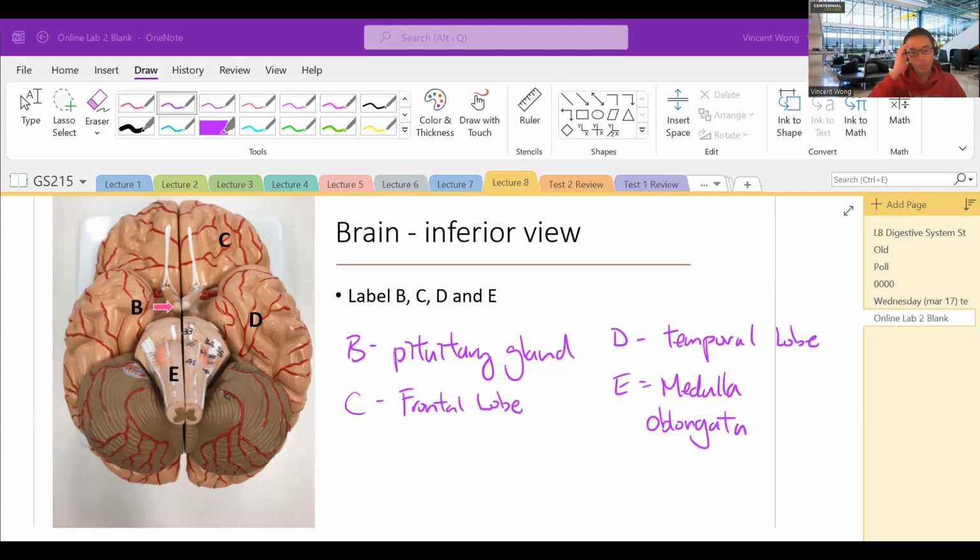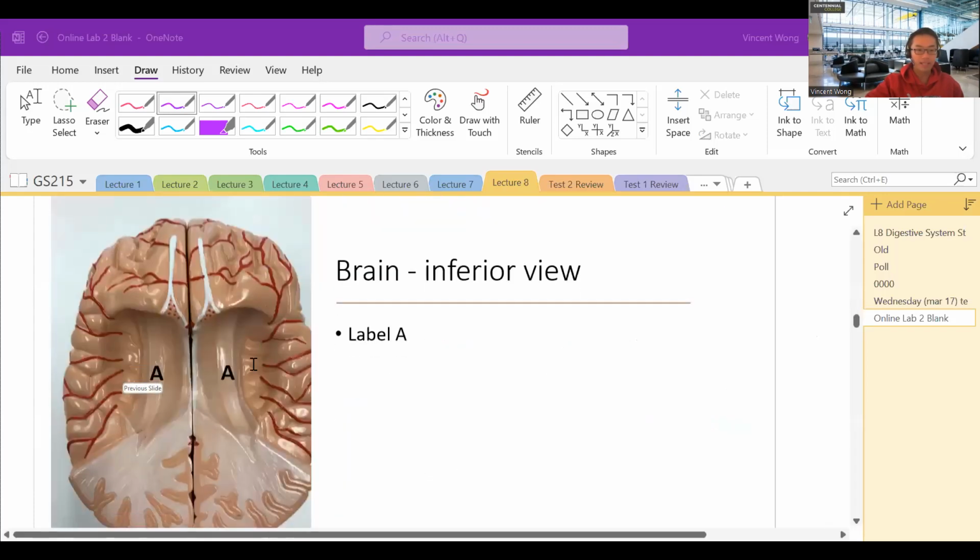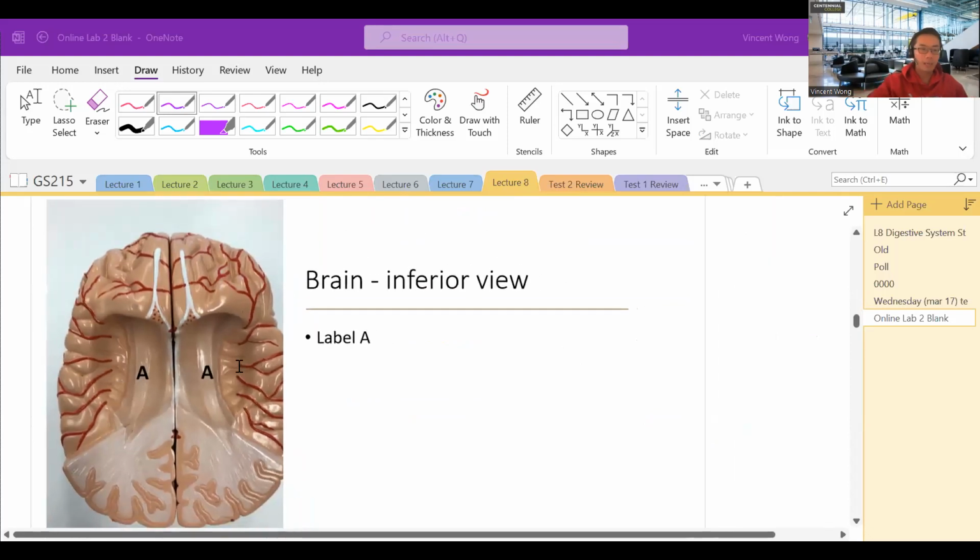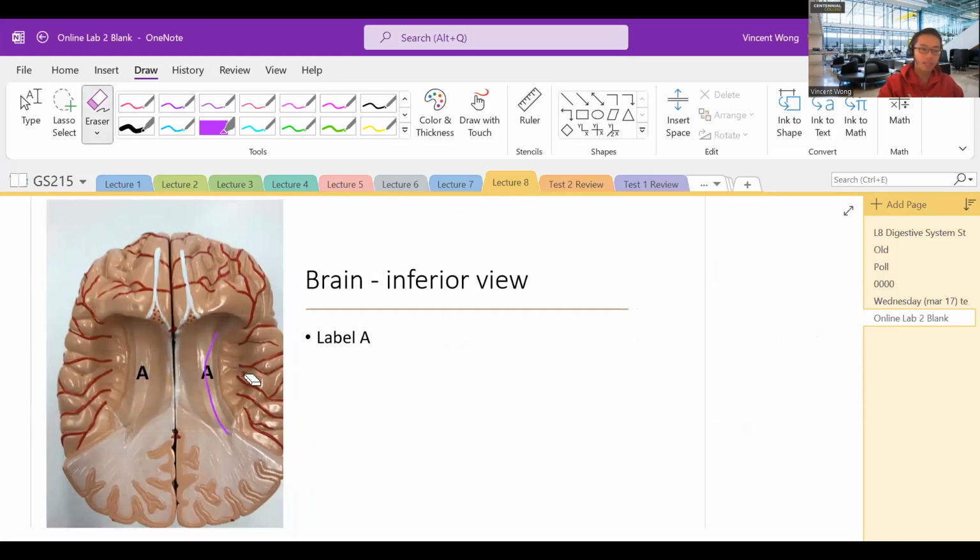Now this next part is a little bit difficult to visualize without the actual model, okay? But we're gonna cut away the cerebellum. We're gonna remove the entire brain stem, and then we're gonna take away the temporal lobe as well. And what you're left with is this. It's the same model, but we remove everything else that's blocking the way. And now you can see these structures, right?